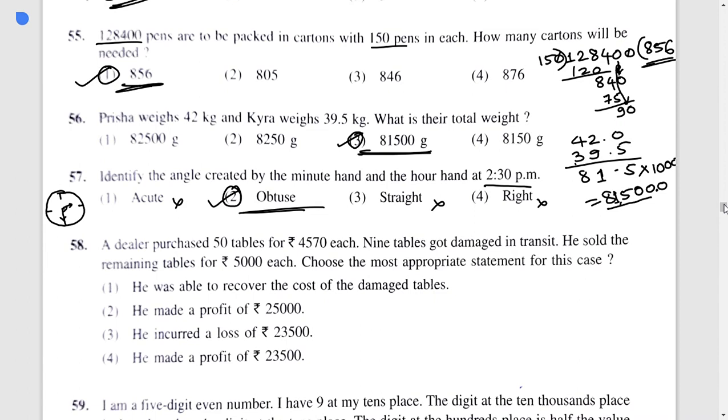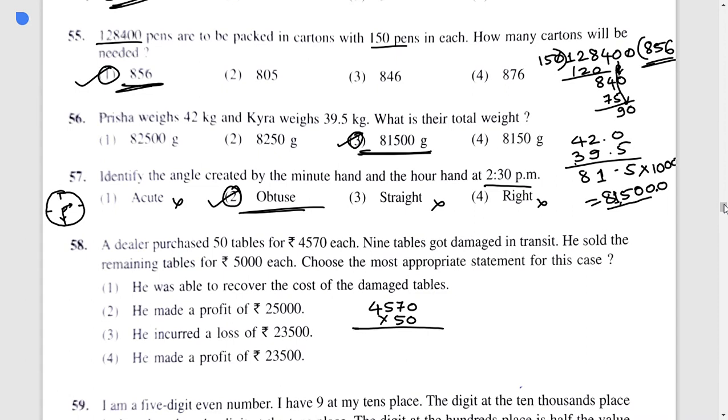Question number 58. A dealer purchased 50 tables for 4,570 each. 9 tables got damaged in transit. He sold the remaining tables for rupees 5,000 each. Choose the most appropriate statement for this case. So the dealer, how many tables has he purchased? He has purchased 50 tables at 4,570 rupees.